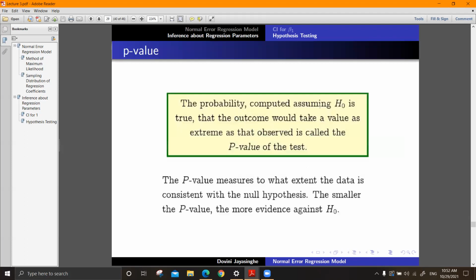The probability computed assuming H0 is true, that the outcome would take a value as extreme as that observed, is called the p-value of the test. So you might have done hypothesis testing by using the p-value, or by using critical values. So I'll recall that, right?